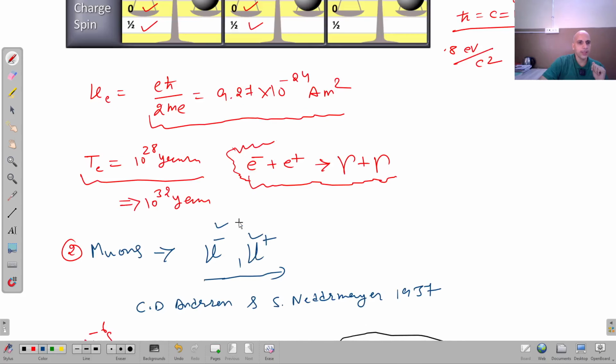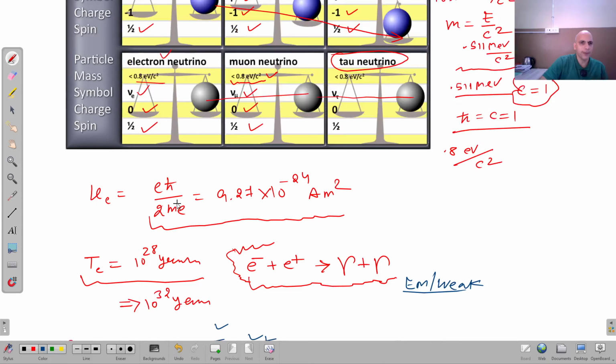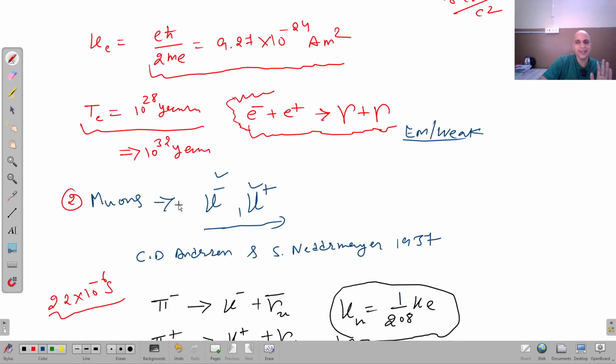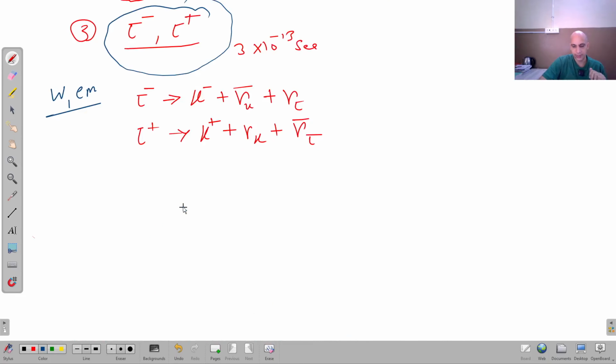As far as electrons are concerned, I am also writing for them. They also participate in electromagnetic and weak interactions. They do not participate in strong interaction. So all the leptons participate only in weak and electromagnetic interactions.